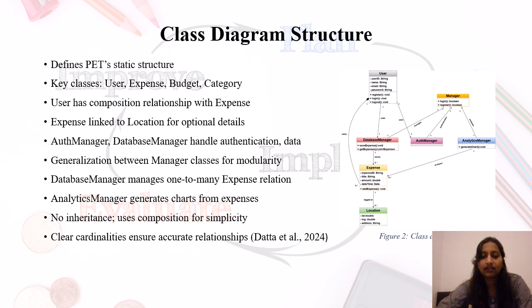The analytics capability, supported by the MPAndroidChart, presents spending patterns in graphs such as pie charts. Secure logout closes the session, and such use cases make it easy for PET to satisfy user needs effectively. Every process, ranging from validation to data storing, is constructed for reliability. Following, we will look at how the class diagram supports this functionality with an organized architecture.